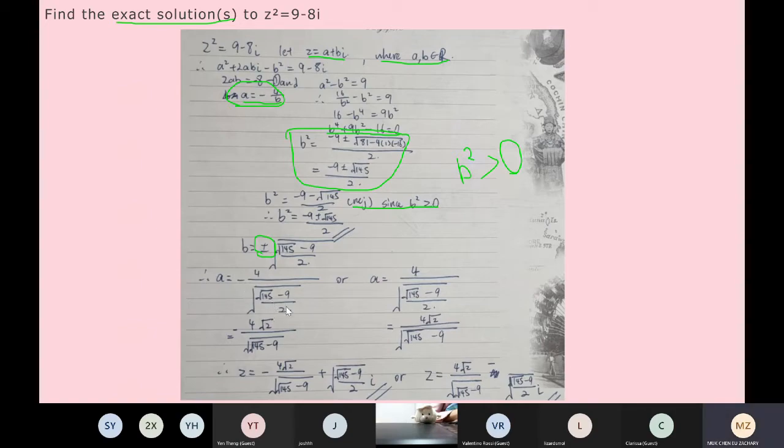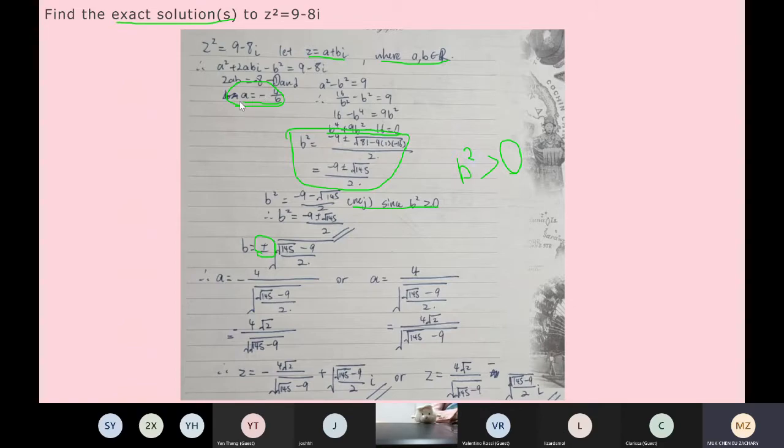So basically you've got this over 2, you just shift your root 2 up to make your working look a bit neater. Okay, and take note of the negative sign.